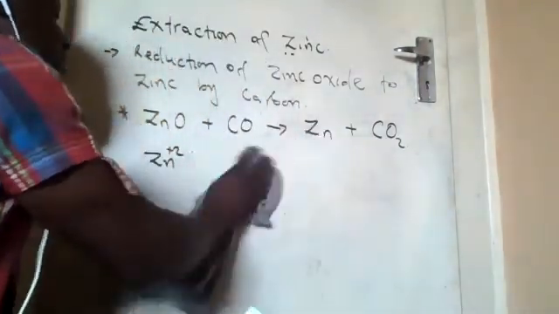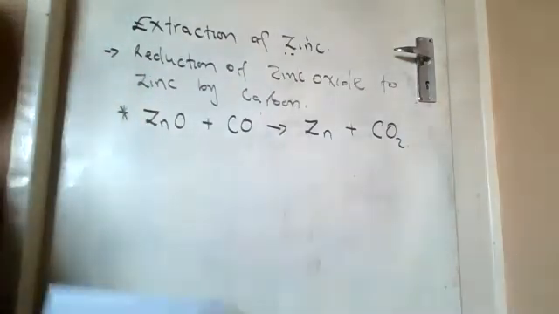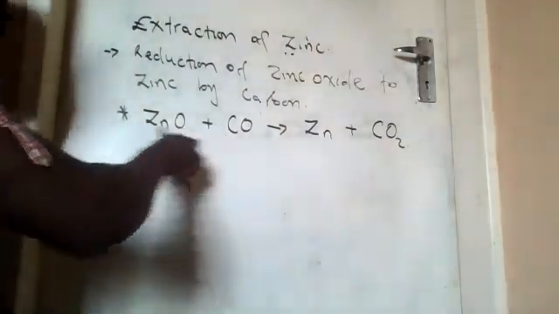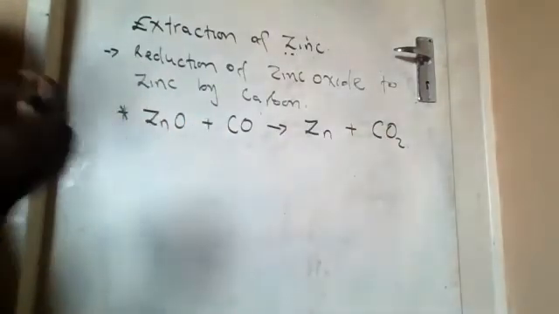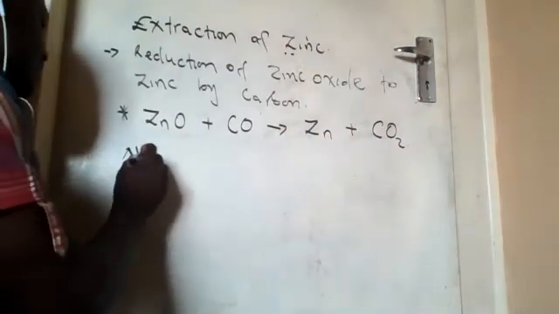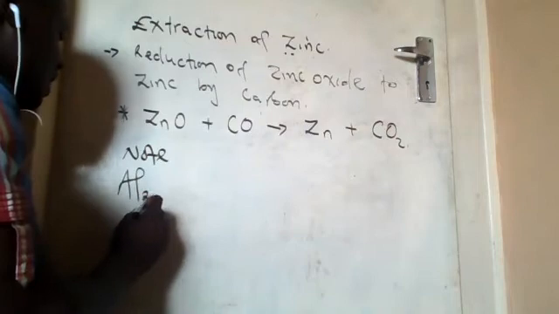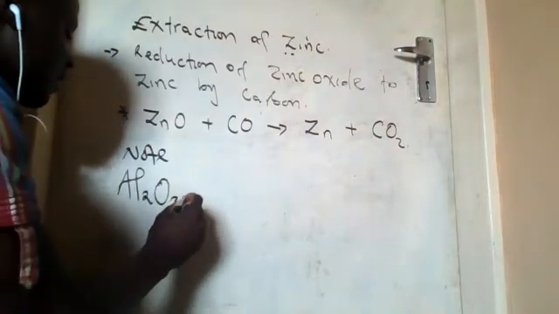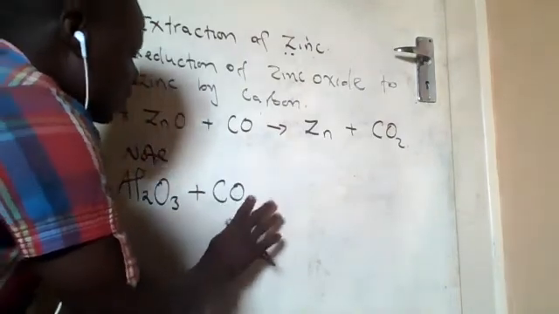But there's an important note that you have to take. With this process called reduction, aluminium cannot be used. They like asking that question. So you have to note that we cannot react aluminium oxide with carbon monoxide.